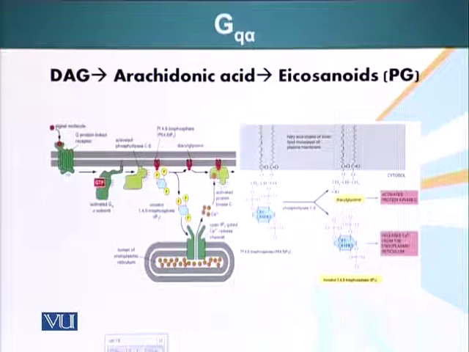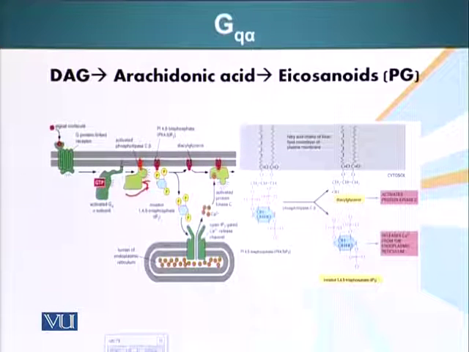Another type of G protein is called GQ. The alpha subunit of the GQ protein, rather than activating adenylyl cyclase, activates another enzyme, which is also attached to the inner surface of the plasma membrane, called phospholipase C. Phospholipase C mediates its effects once it has been activated: it cuts a molecule of phosphatidyl inositol bisphosphate.